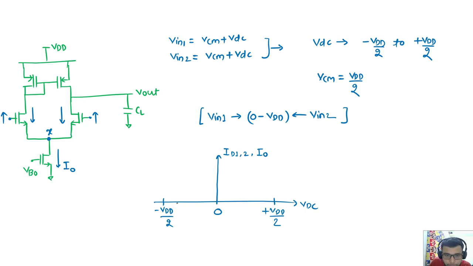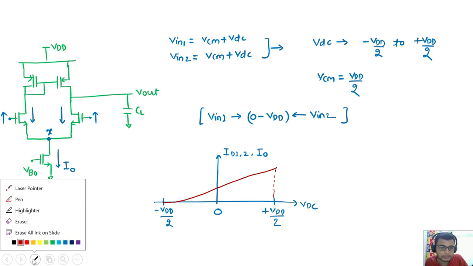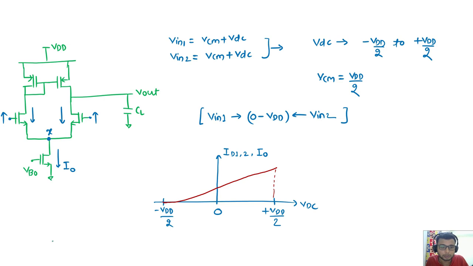What we can see here is that this node Vx is also increasing the same way, but this time there is a difference. It is going slightly higher than the previous value. It was also increasing in the previous case, but because we were only changing the first input, V in 1, it was something like this.